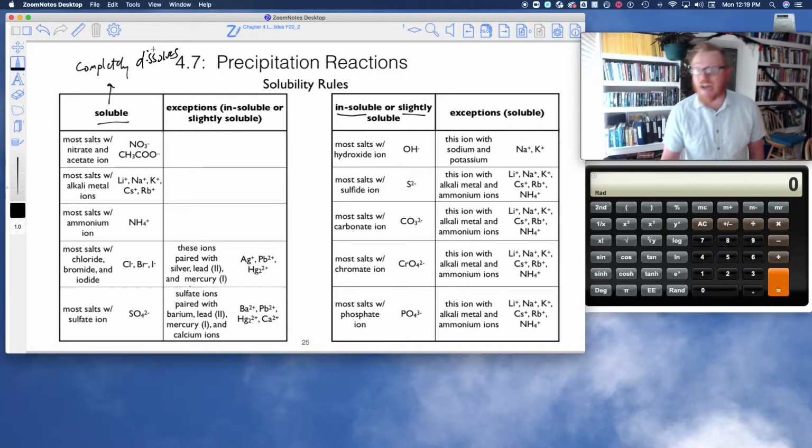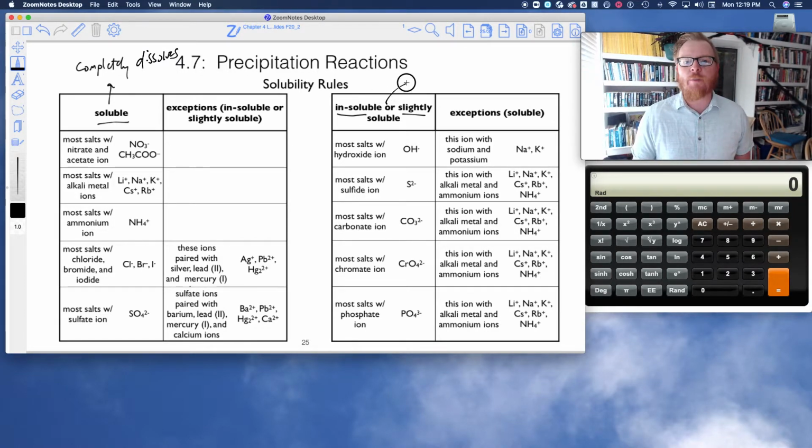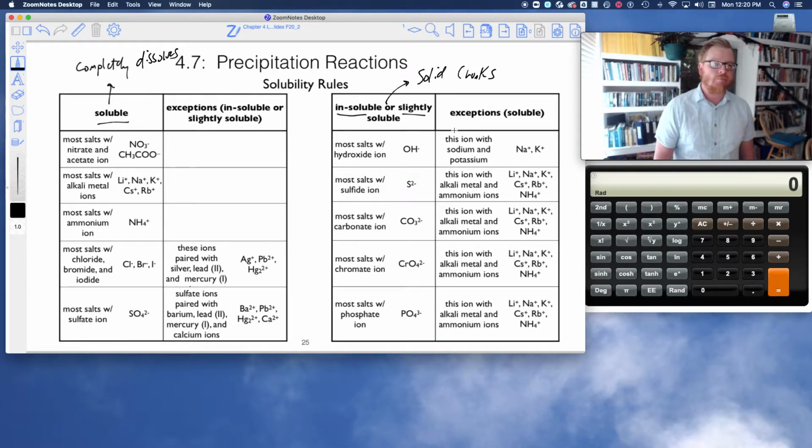Because it does completely ionize and it completely dissolves. Slightly or insoluble means there's solid chunks left over, and those solid chunks are the precipitate, okay?